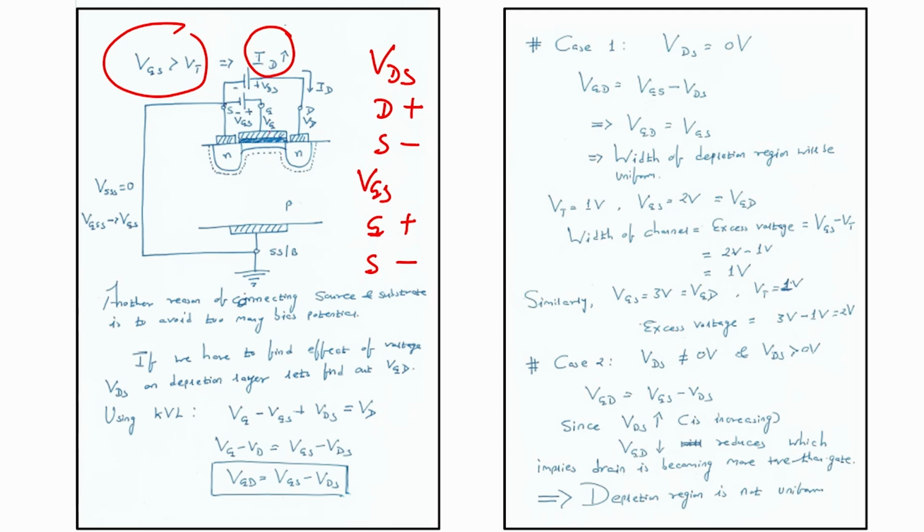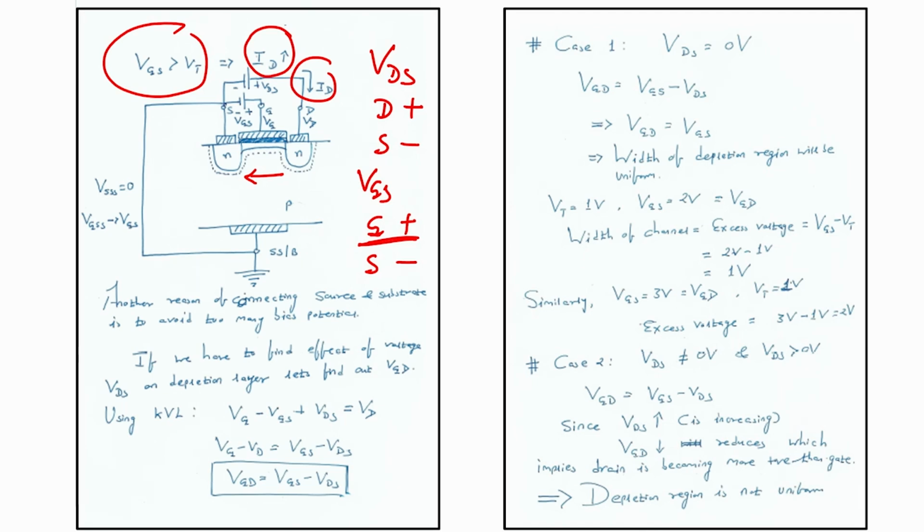Initially there is no channel, but because the gate is at positive voltage compared to the source, there is a formation of channel, and this formation of channel will help the electrons from the source move towards the drain, creating the drain current ID. So, as I keep on increasing VGS, my ID will keep on increasing.